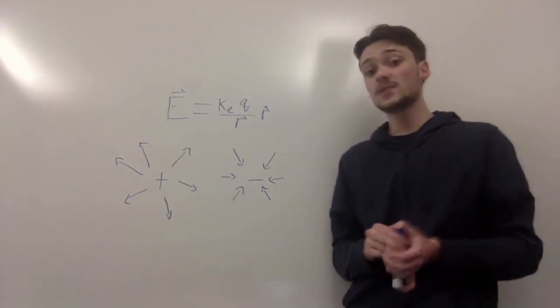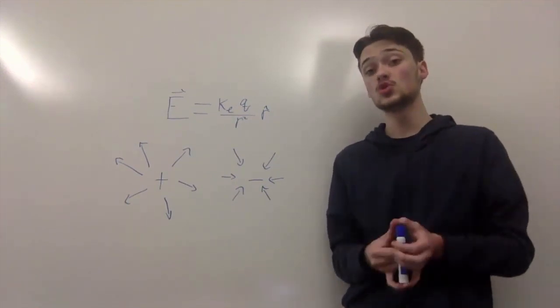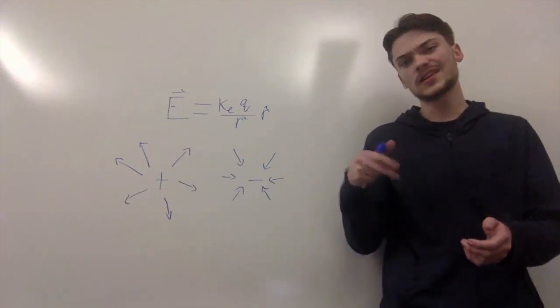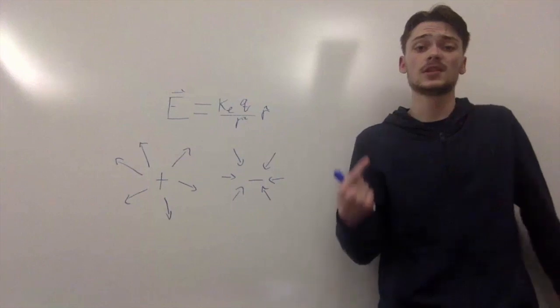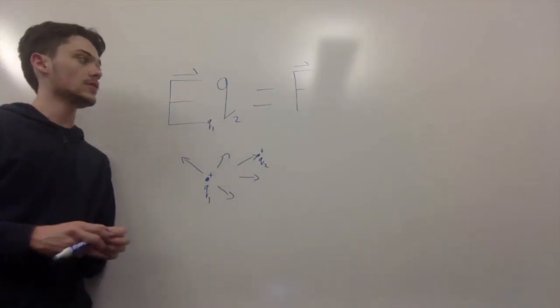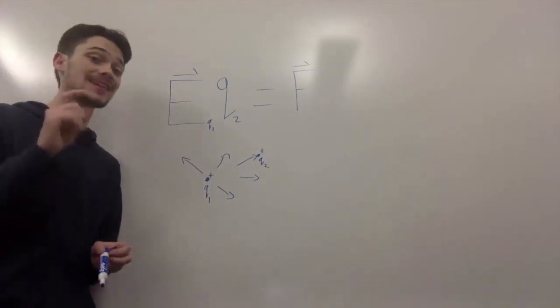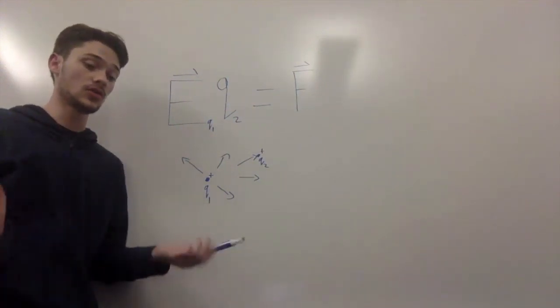The electric field of a certain particle is determined by and exclusive to that one particle. Positively charged particles exhibit electric fields with vectors pointing outwards. Negatively charged particles exhibit electric fields with vectors pointing inwards. If you multiply the electric field vector at a certain point times a charged particle at that specific point, you will find the force that those two particles are exerting on each other.